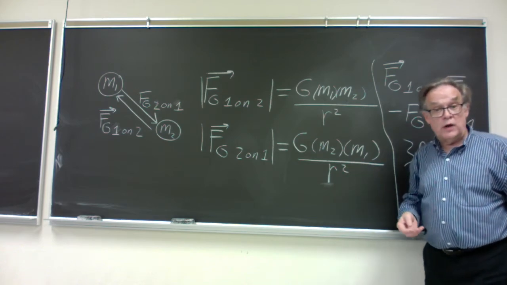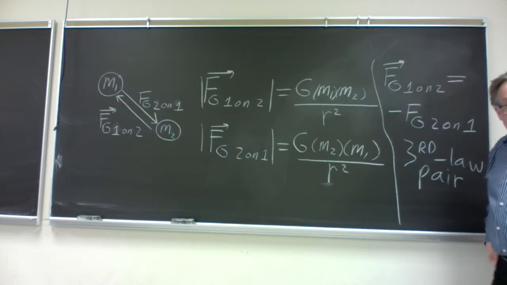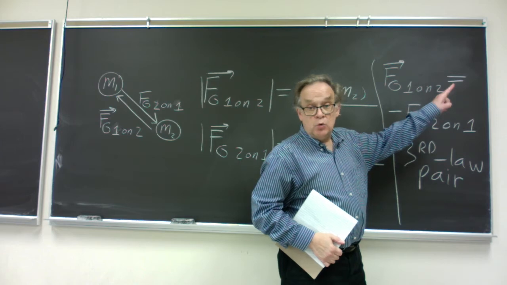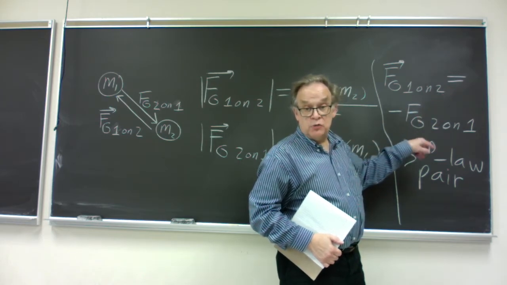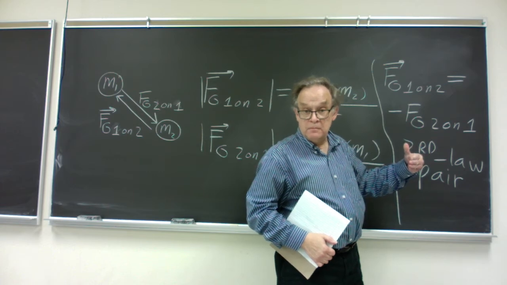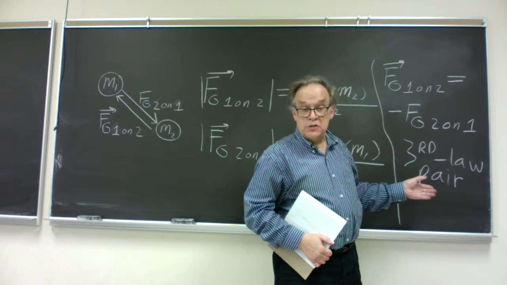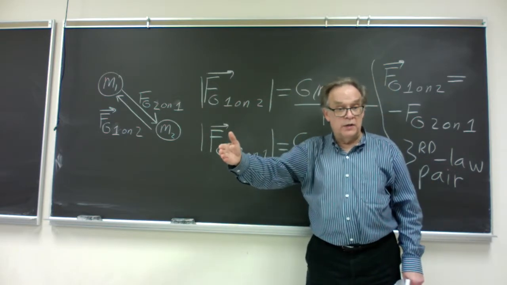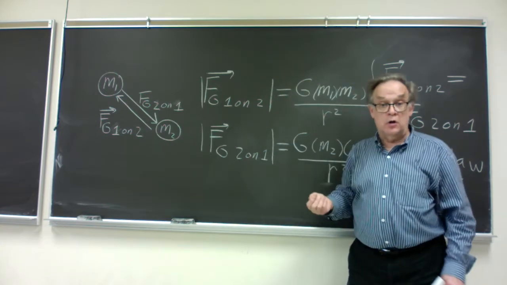Or to put it another way, the vector force, the gravitational force from 1 on 2, is equal in magnitude and opposite in direction to the gravitational force from 2 on 1. They're a third law pair. These two forces, the force from 2 on 1 and the force from 1 on 2, are a Newton's third law pair.